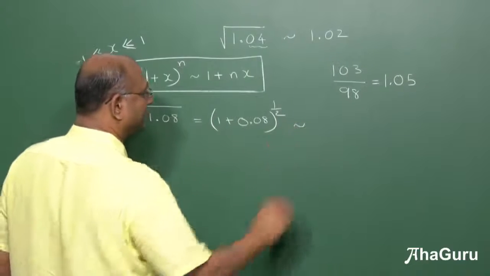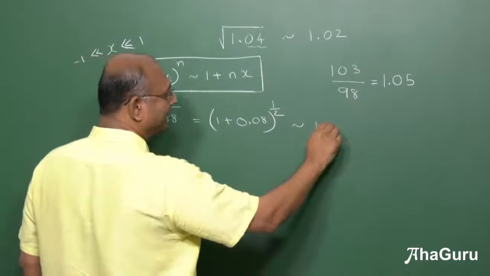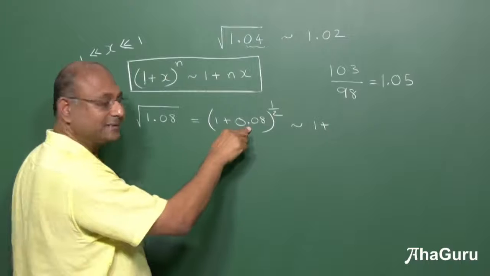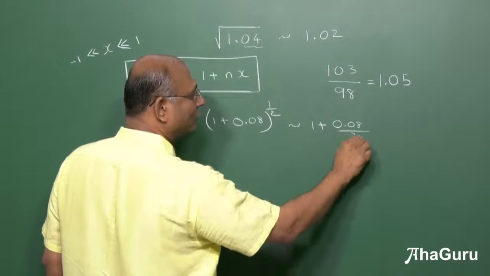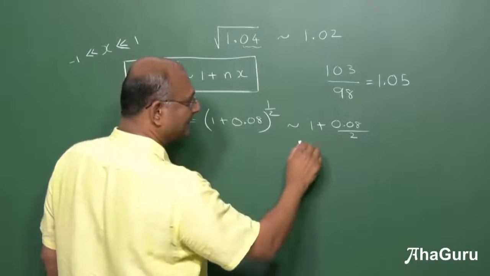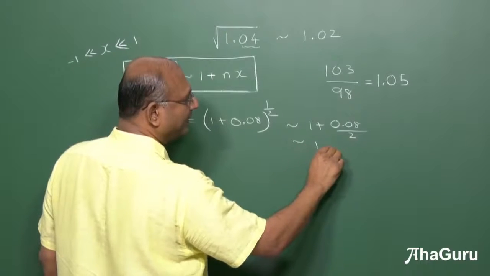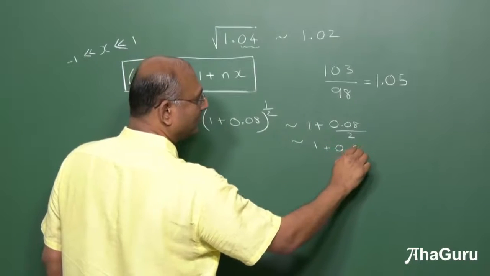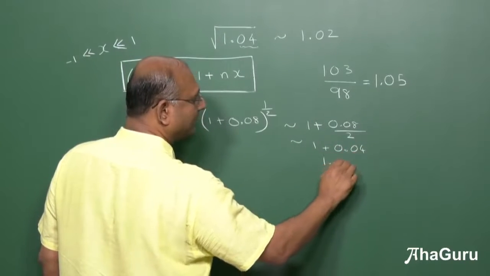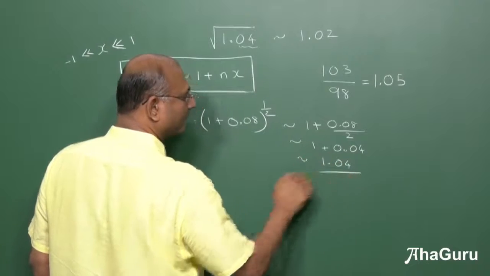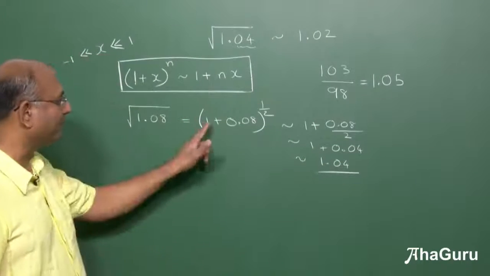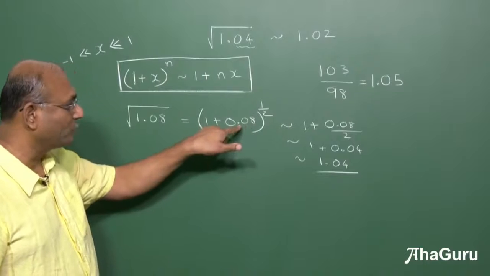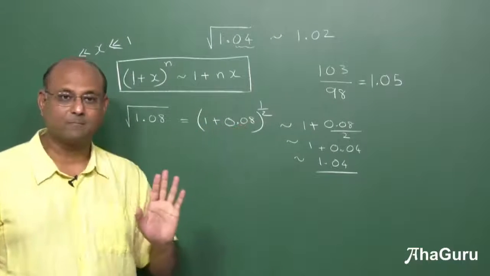Therefore, this is approximately 1 plus half times this, 0.08 by 2. How much is this? 1 plus 0.04. 1.04. Obviously, you're not going to write so many steps. What you're going to do is 1 plus 0.08, 0.08 by 2, 0.04, 1.04.